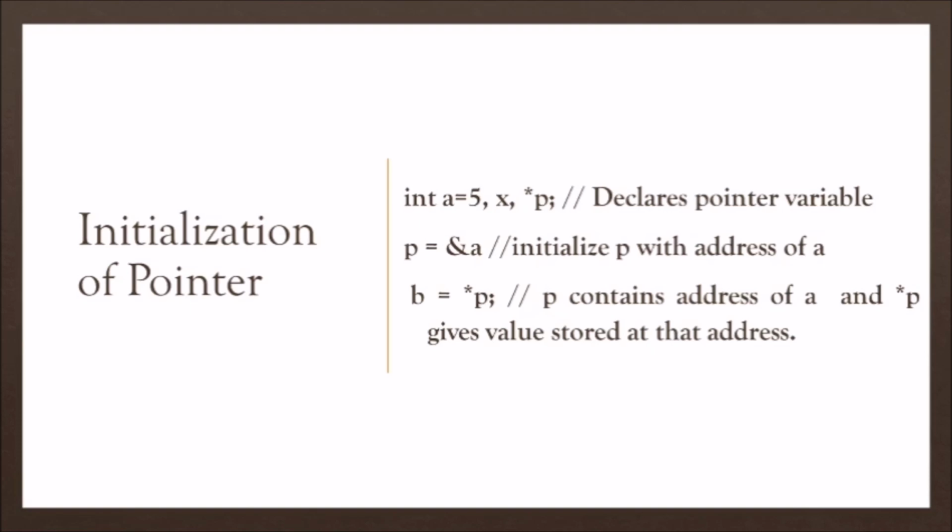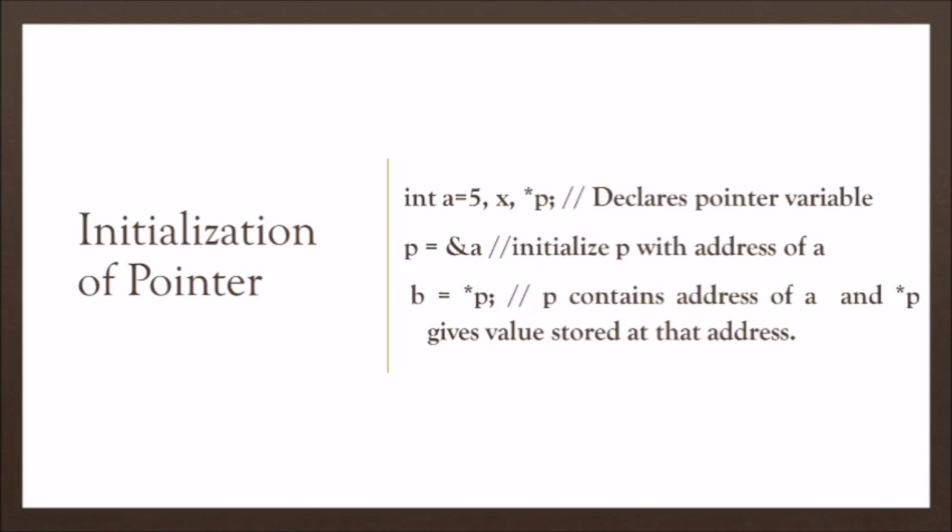Okay, so the same thing we already saw in this program, that if we write star p in the program, then it also displays 10. So these are all the basic things of pointers that you have to keep in mind: how to declare it, how to initialize it, and we saw the small program of declaration and initialization.